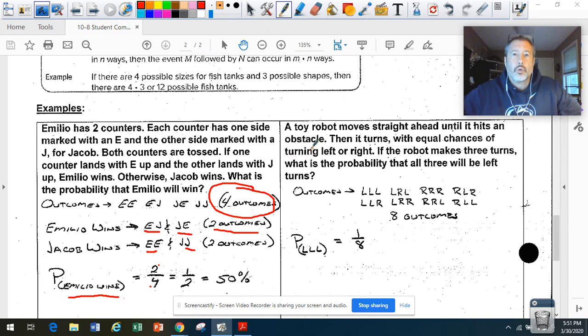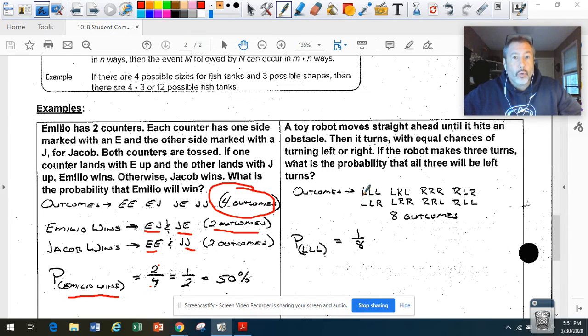It says a toy robot moves straight ahead until it hits an obstacle. Then it turns with equal chances of turning left or right. If the robot makes 3 turns, what's the probability that all 3 will be left turns? Okay, so let's look here.